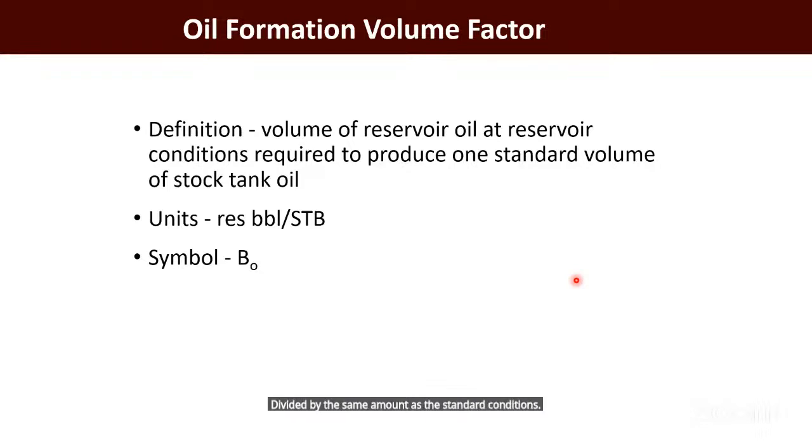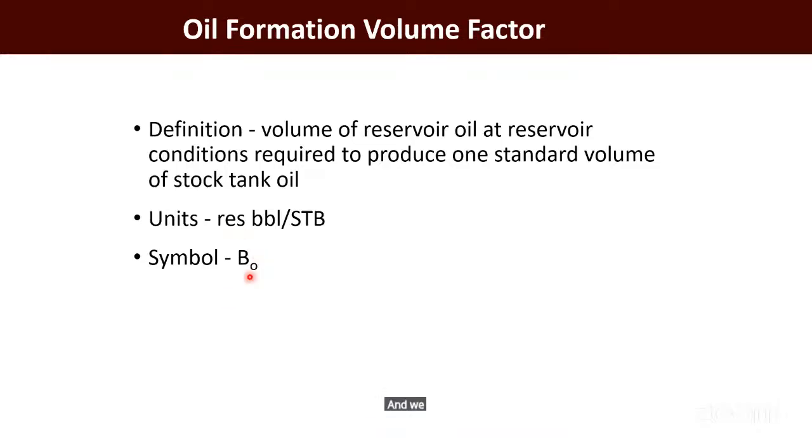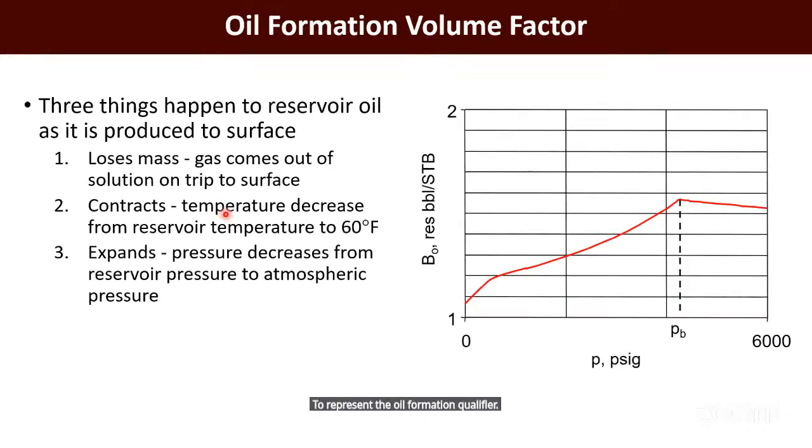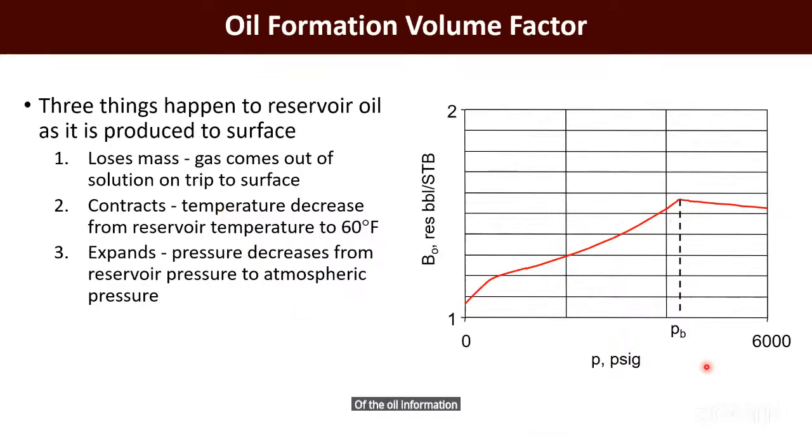The unit is reservoir barrel per stock tank barrel. We use the symbol beta O to represent the oil formation volume factor. So this is the typical trend of the oil formation volume factor with pressure, and this is the beta O.